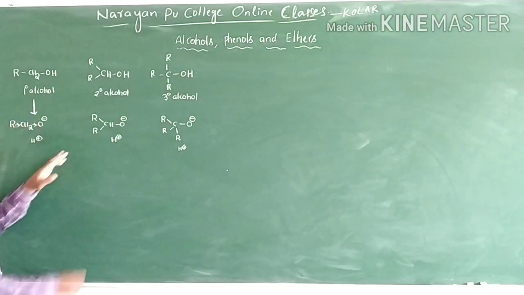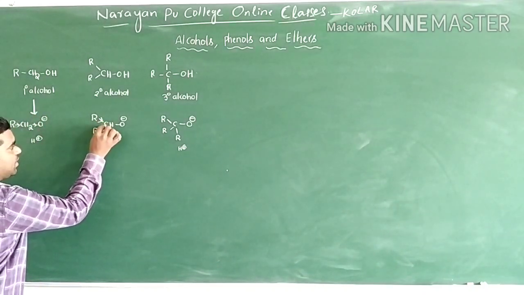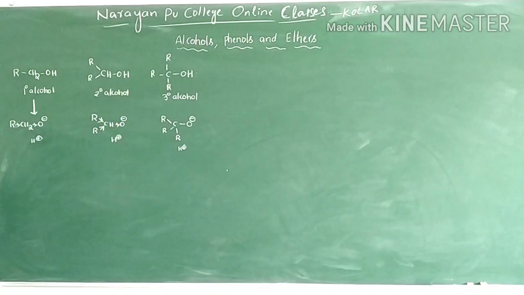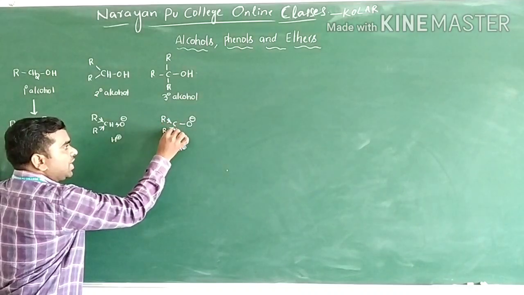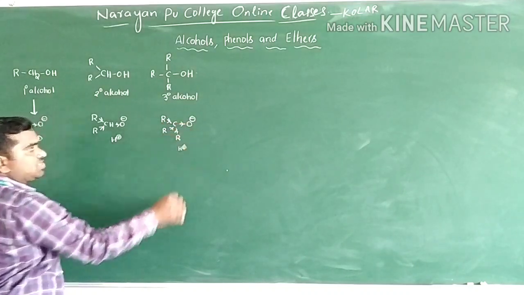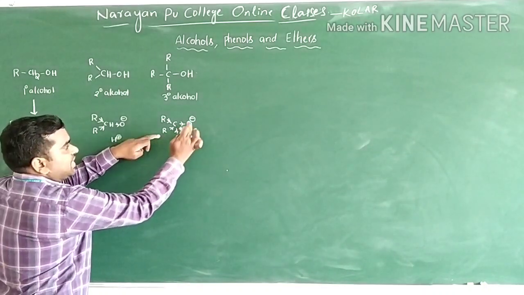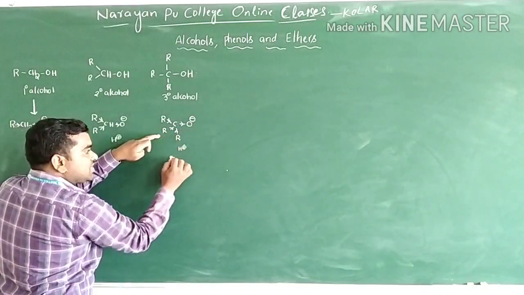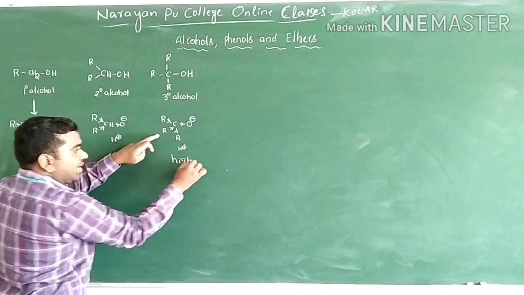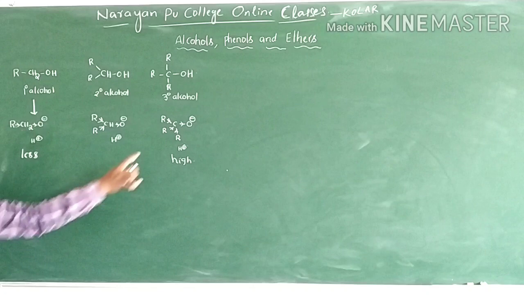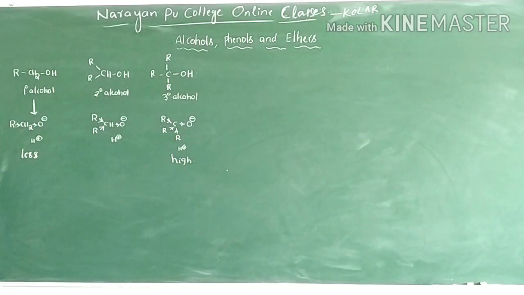Clear? And here, how many groups are giving electrons? Two groups are donating electrons to the oxygen. And here, three groups are donating electrons to oxygen. In this case, electron density on the oxygen will be very, very high. And in this case, electron density will be less compared to the third one.